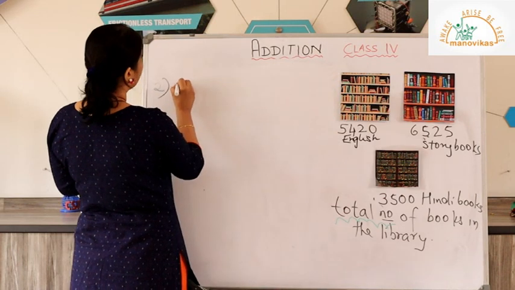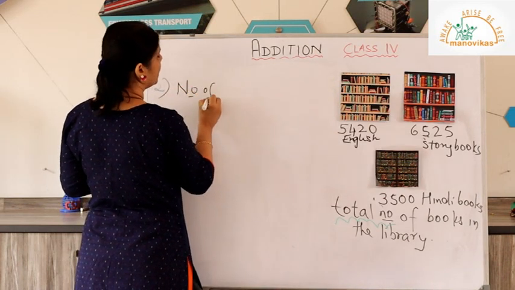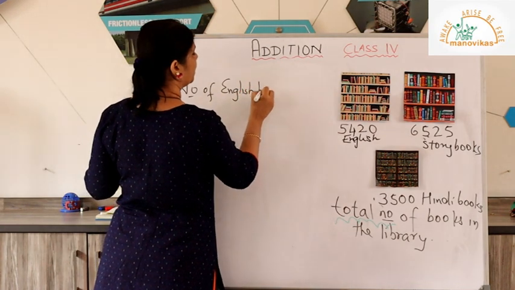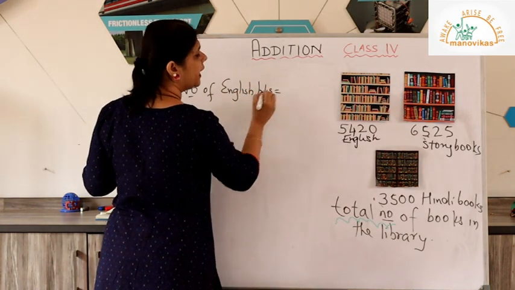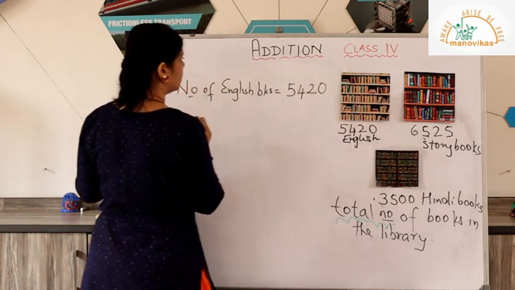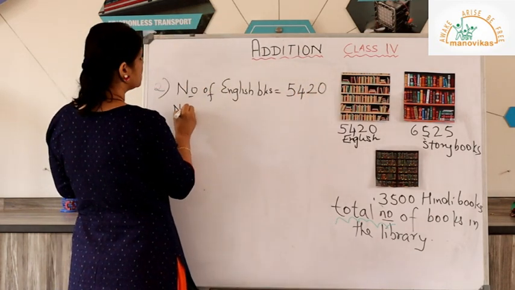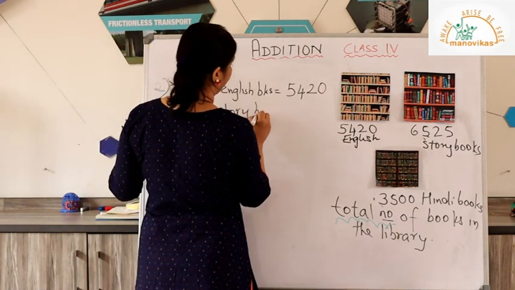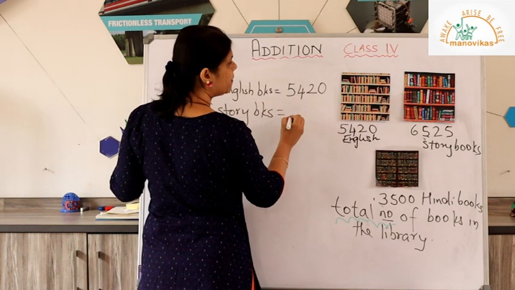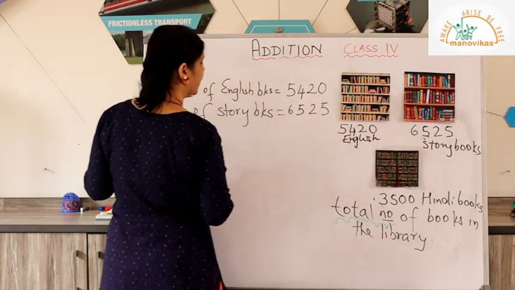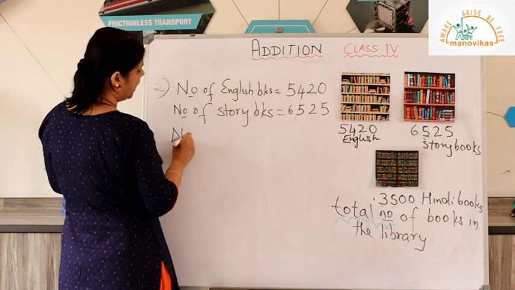Now, number of English books. How many are there? 5,420. Number of story books. How many story books are there? Can you tell me? 6,525. Correct? And number of Hindi books.